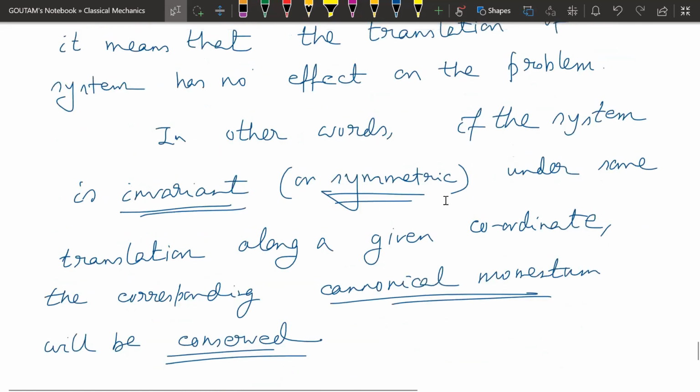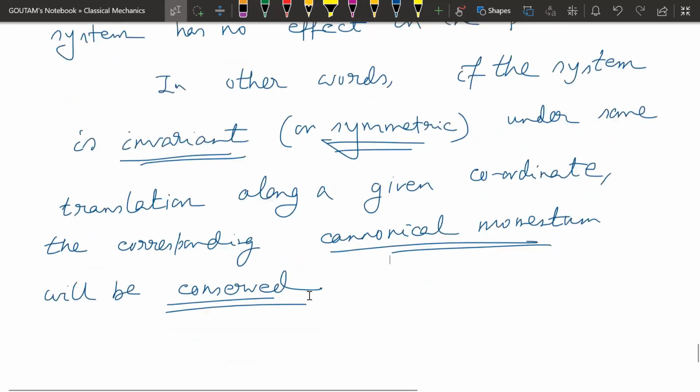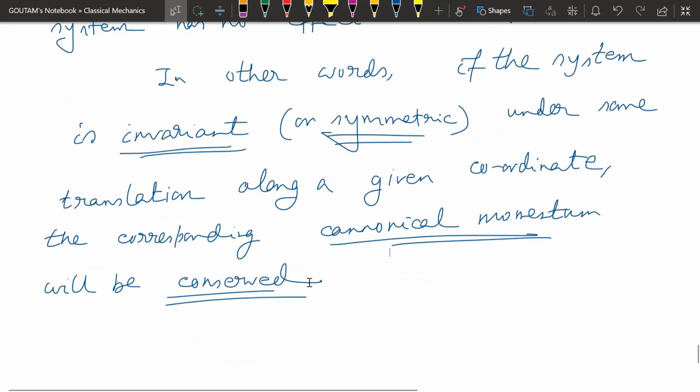So when the system is invariant under some translation, we say that the system is symmetric under the translation. That means it is invariant.